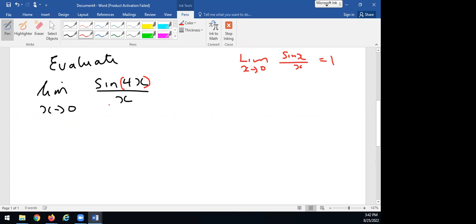So the sine of the angle must be the same angle that you're dividing by. So all I'm going to do is change this to 4. But I changed the problem, right? I need to put a 4 here to cancel back the 4 that I added. Everybody's seeing like technically these would cancel, so I'm not changing the problem when I do that.